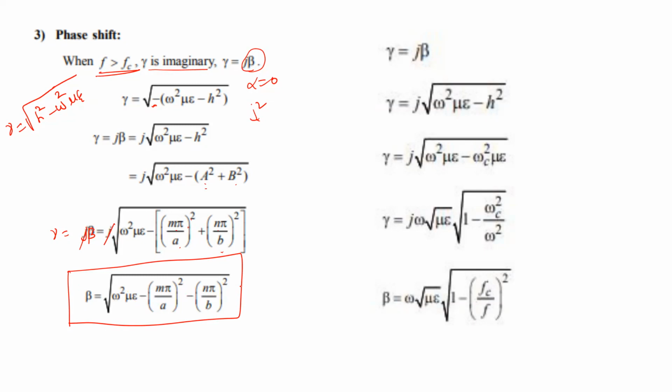The same value for beta can also be expressed in a different way. That is, gamma is j into beta. The gamma value is root of h square minus omega square mu epsilon. If I take the minus sign outside and replace it with j square and take this j outside the square root, we can write gamma in this form, right?